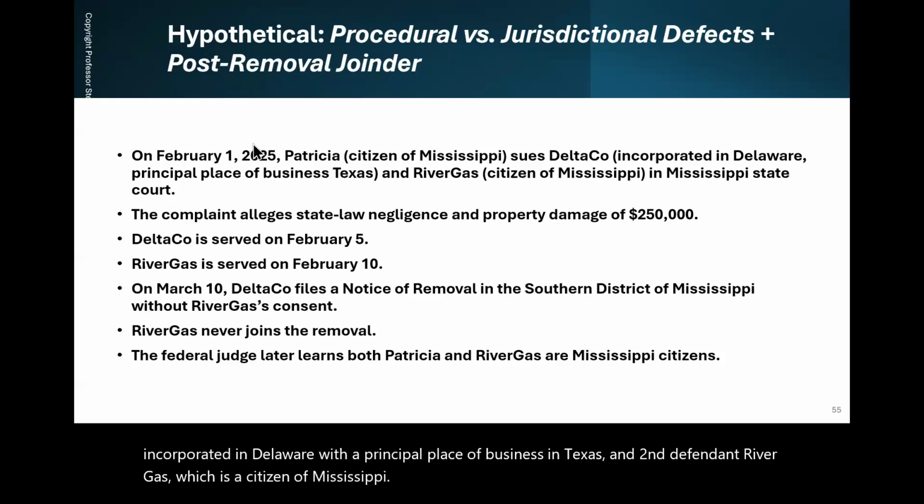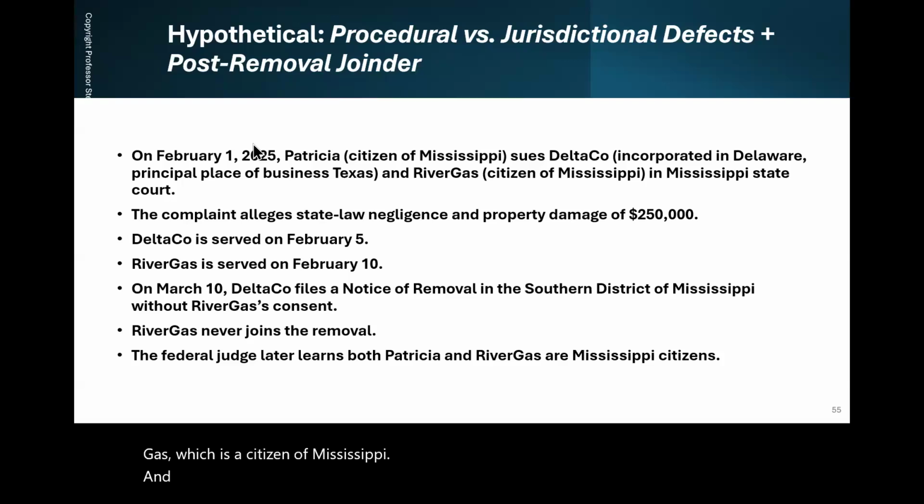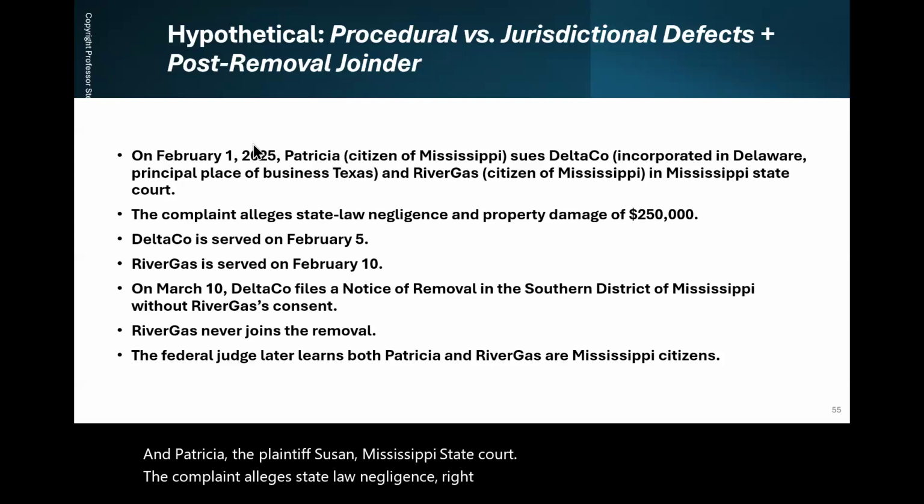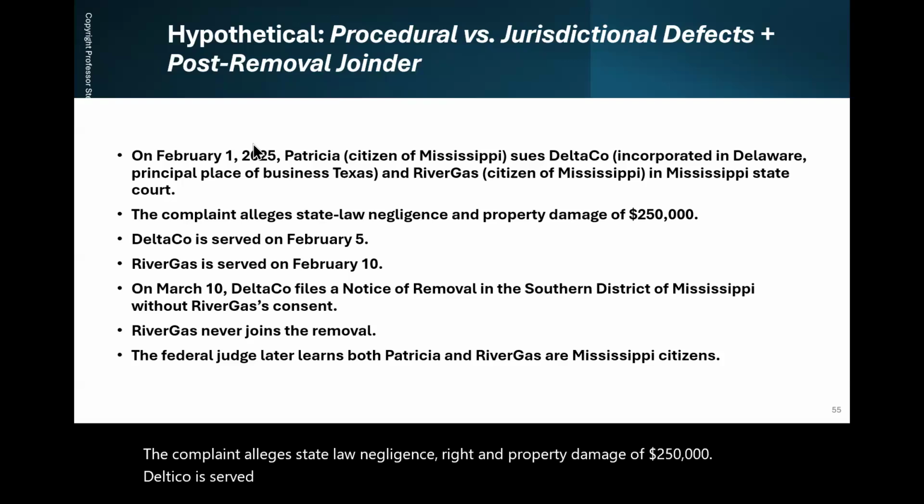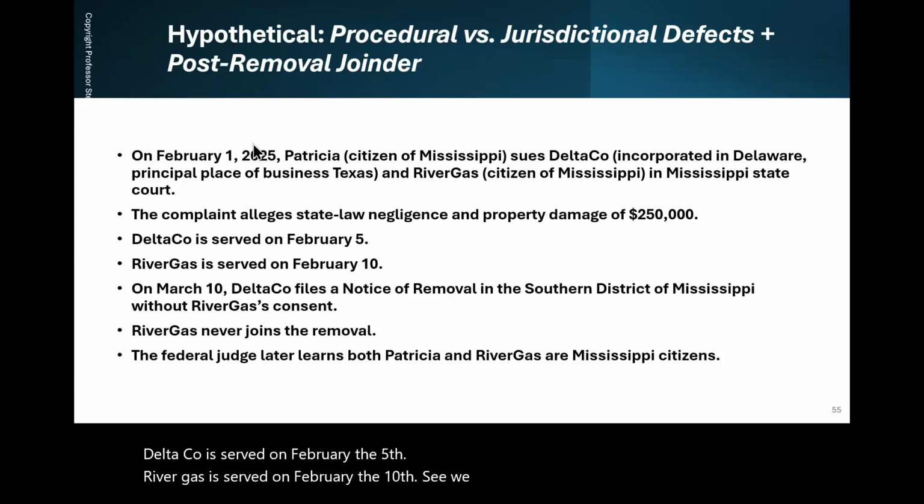And Patricia, the plaintiff, sues in a Mississippi state court. The complaint alleges state law negligence, right? And property damage of $250,000. Deltaco is served on February the 5th. River Gas is served on February the 10th. See, we have a later served defendant.